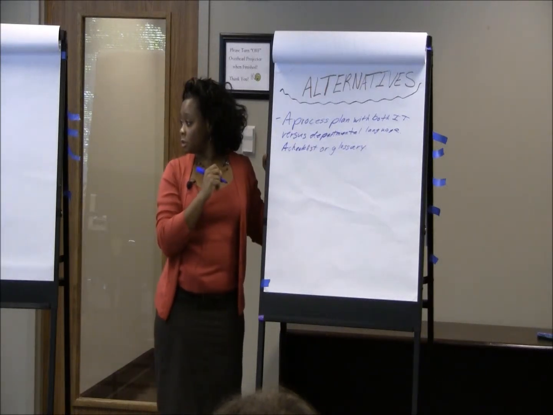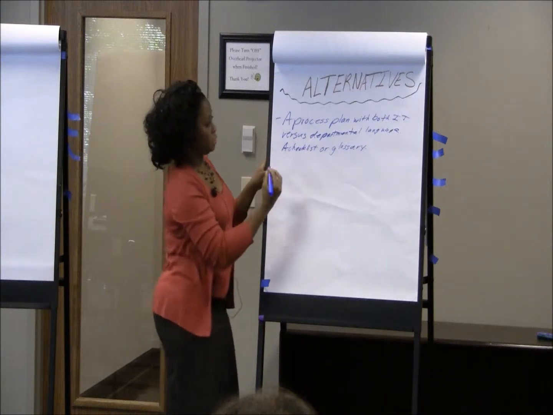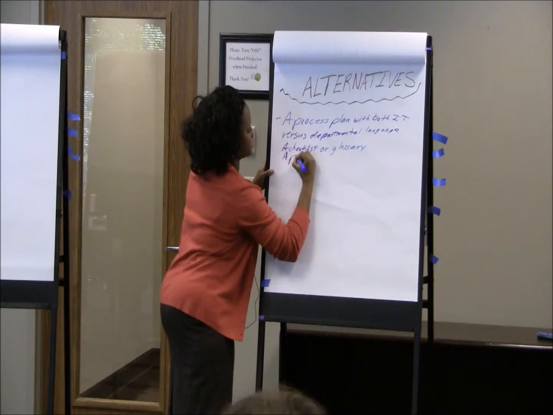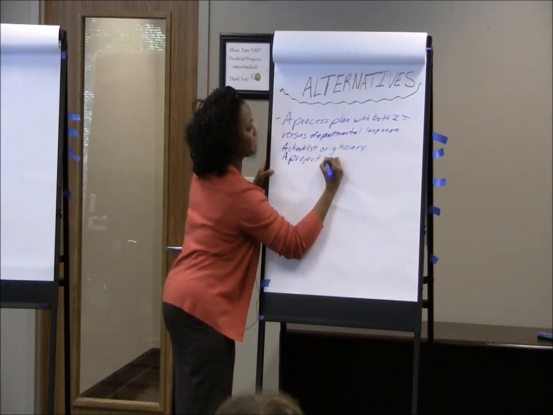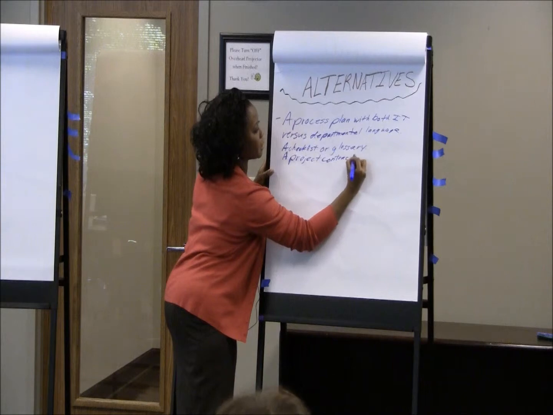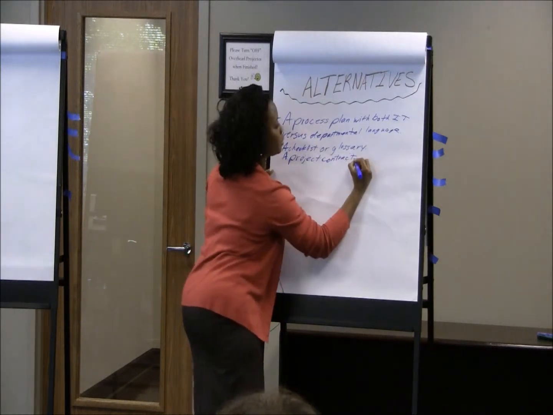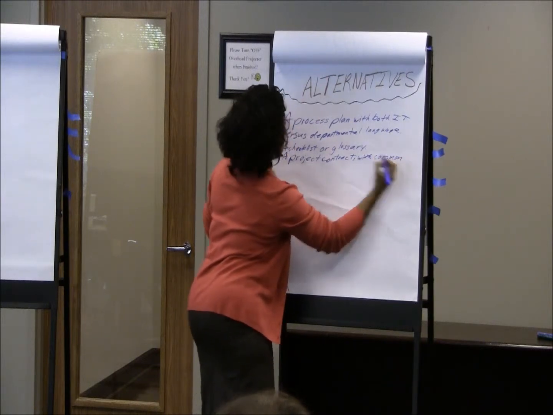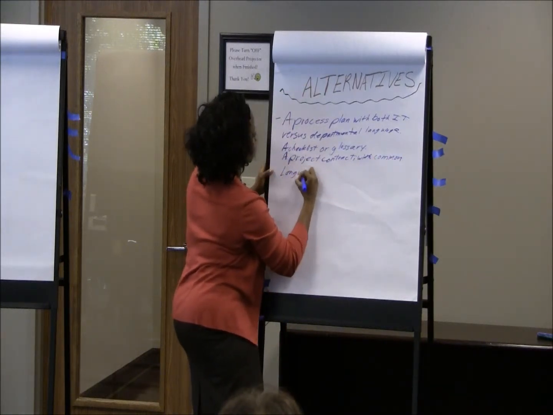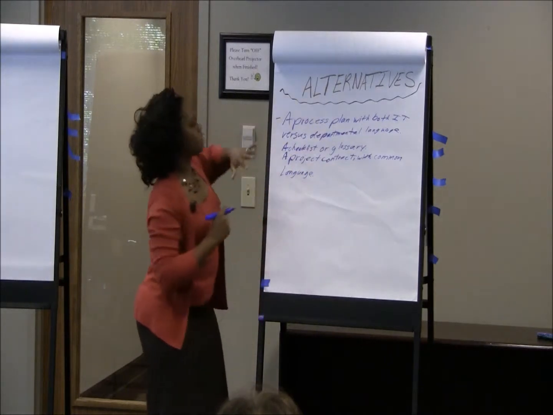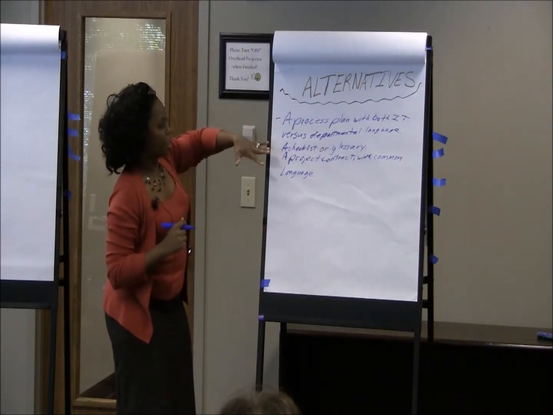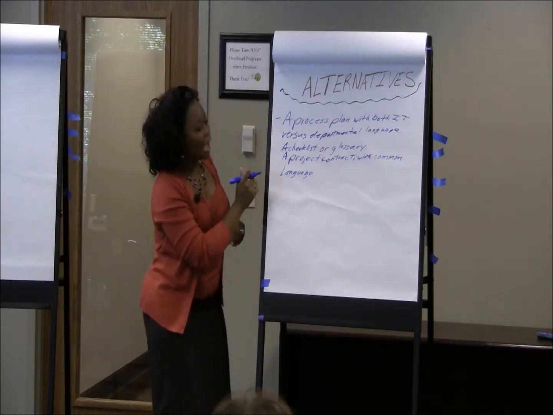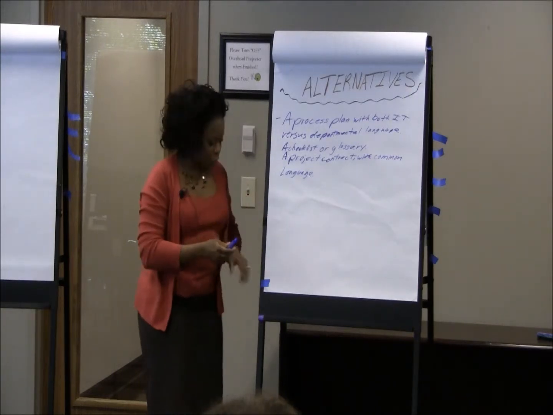Project checklist, glossary, a project contract or something, a project contract, with common language. Great. And so what we've got here for this first one is a process plan with both IT versus departmental language, a checklist or glossary, a project contract with common language. Does that accurately capture that one?